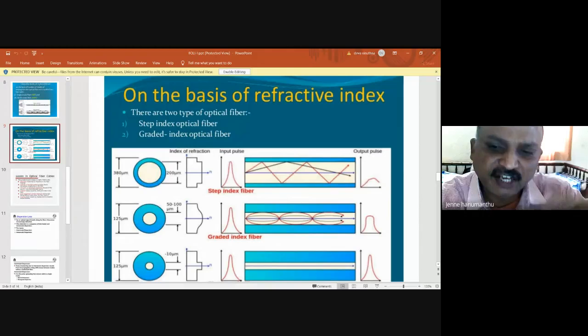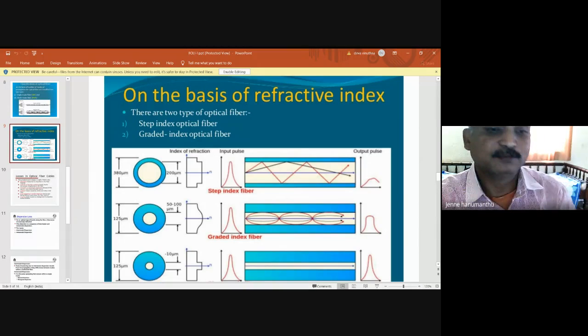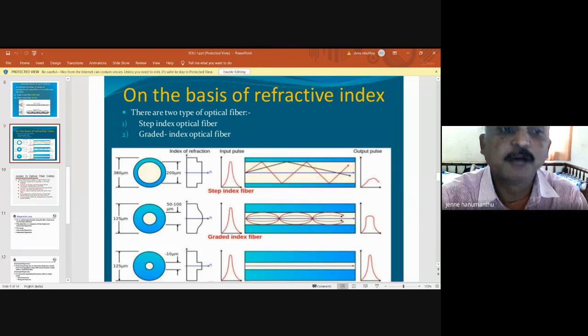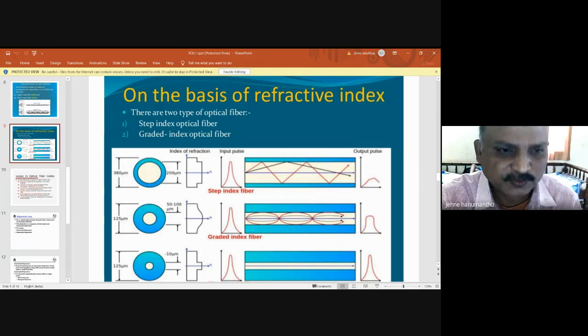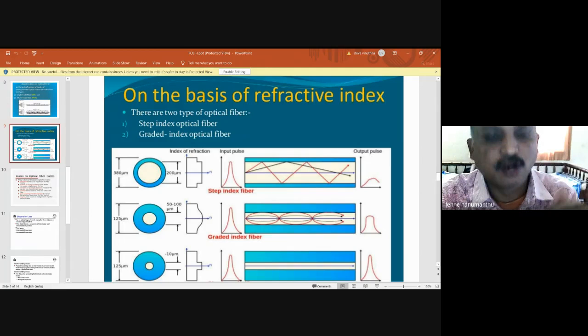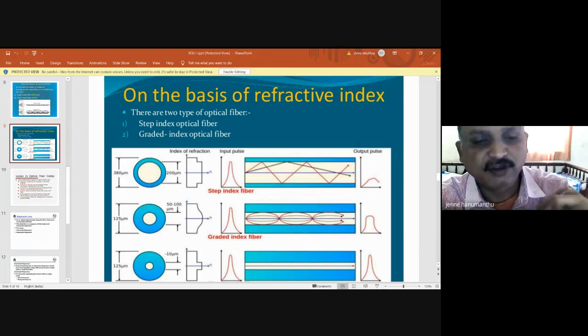Because of different refractive indexes in the fiber, the light is absorbed within the core sometimes. This is also loss. This is called core cladding loss. If the core material is not good, if the cladding material is not good, because of different refractive indexes, the light may be absorbed.